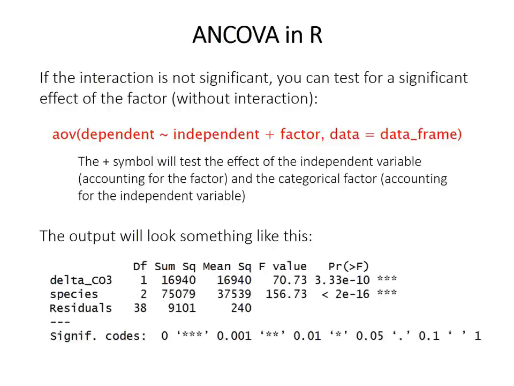The output will look the same, just we won't have the interaction line here because we didn't test for it. In this case, we want to read the data from the line for the factor variable, which is species. The format for the F statistic and the degrees of freedom and the p-value are the same. Those three pieces of information are the key things that you should use when you're summarizing your results in writing.